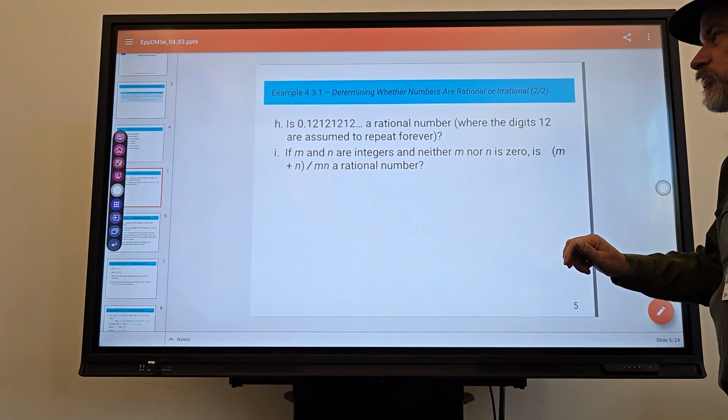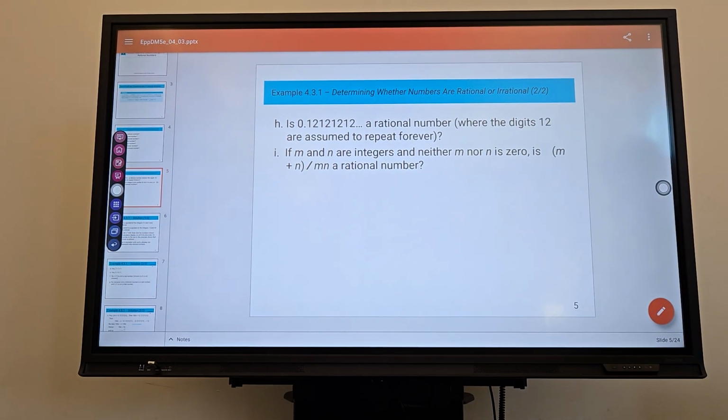So, is 0.121212 and so on a rational number? I believe it is.